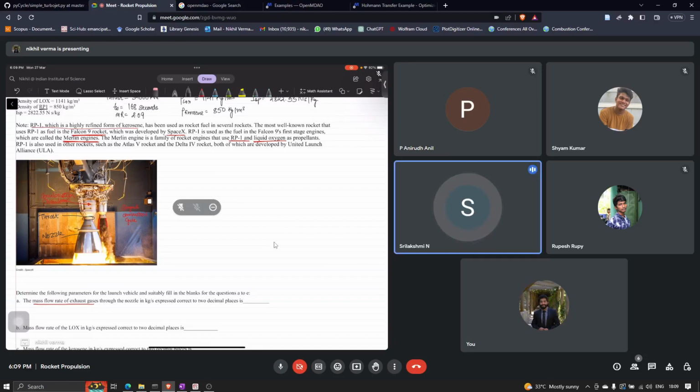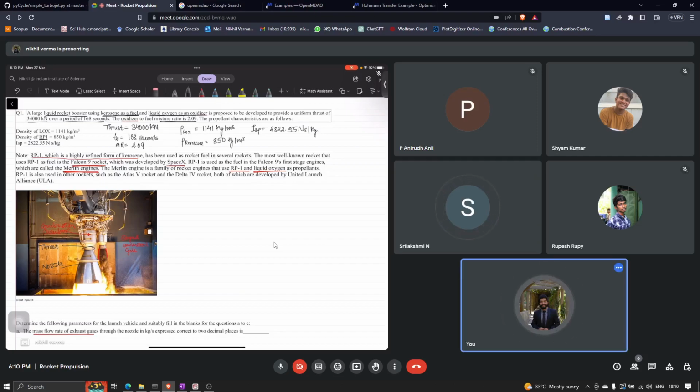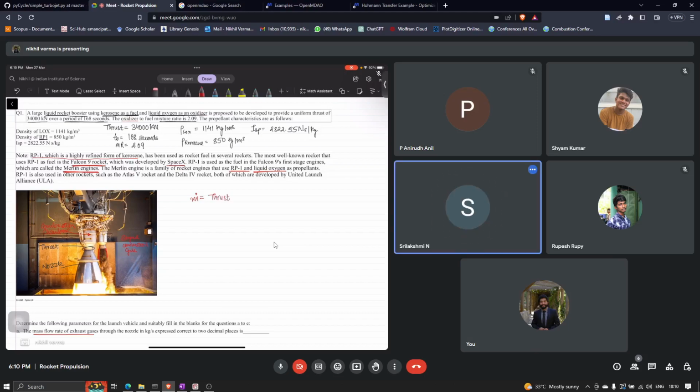Mass flow rate is thrust by specific impulse. Yeah, you're correct. So the mass flow rate through the exhaust is your thrust divided by your ISP.